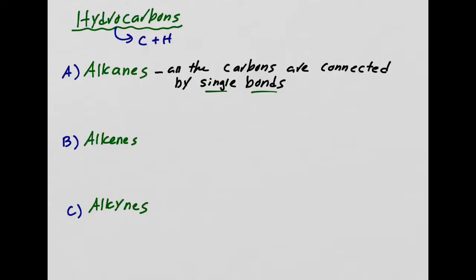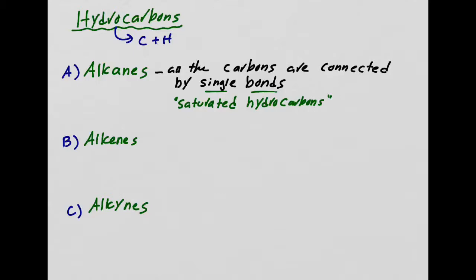There is another name for alkane. They also call it saturated hydrocarbons. Saturated hydrocarbons. That's another name for alkanes. Now, this is so cool because where have you heard that phrase before?